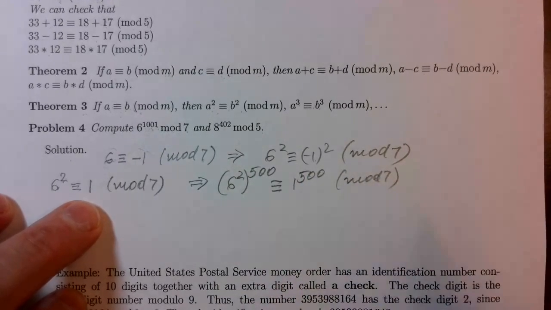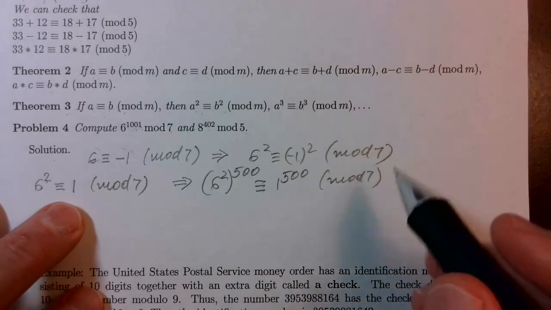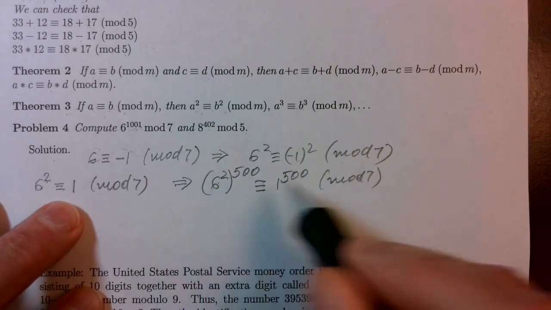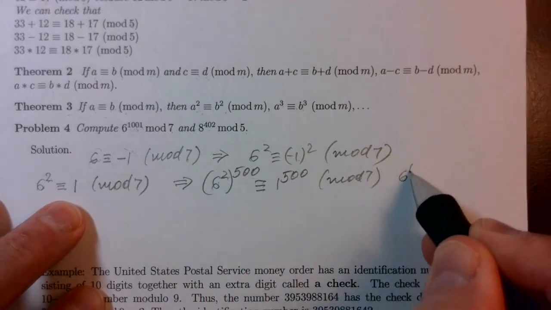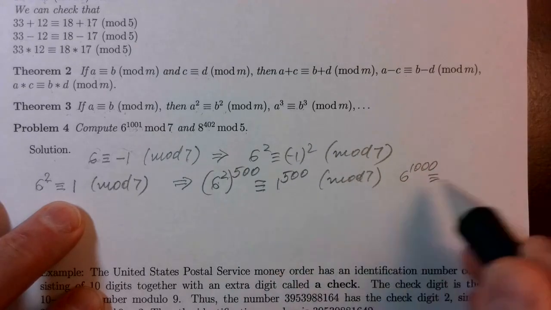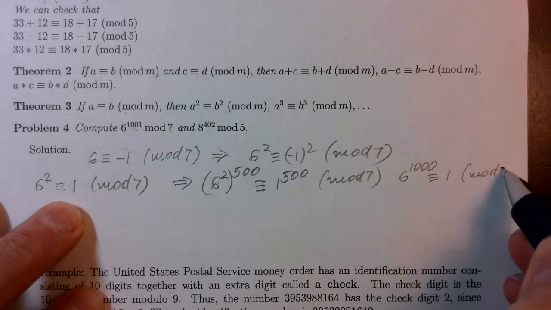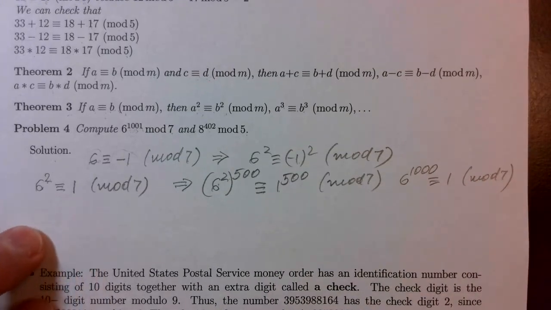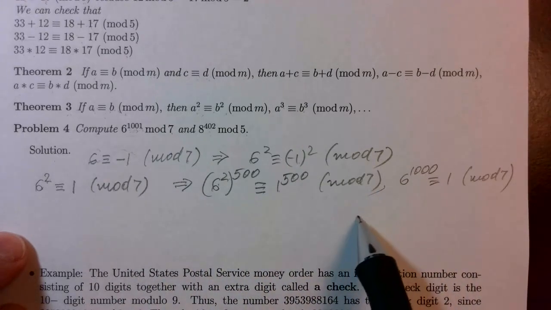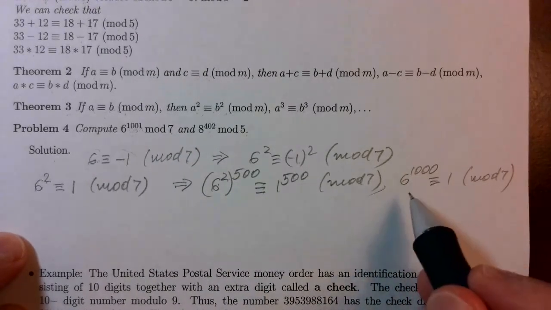mod 7. So this means that six to the power 1000 is congruent to, this is just 1, mod 7. And finally, 6 is congruent to 6.